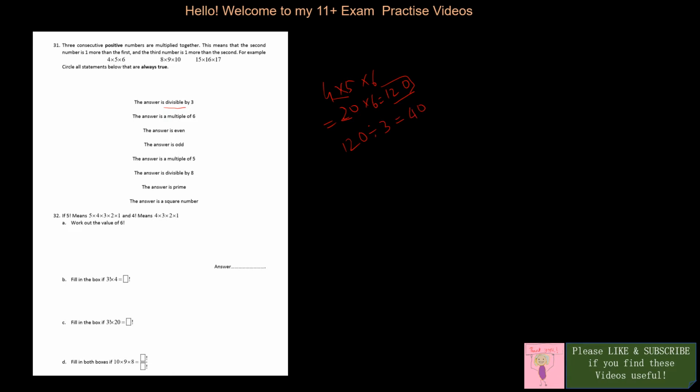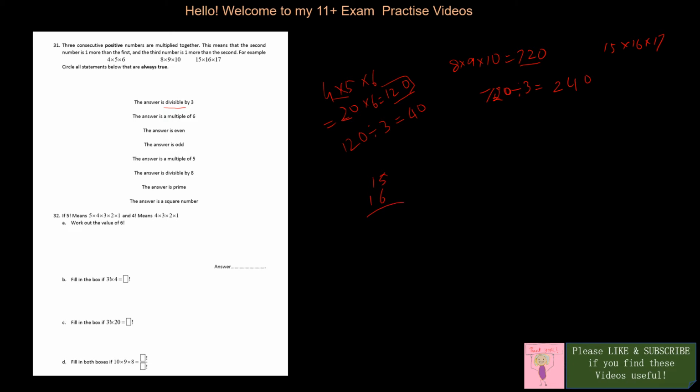Next, if you try 8 times 9 times 10, you get 720, which is divisible by 3. If I do 720 divided by 3, I get 240. Then we have 15 times 16 times 17.